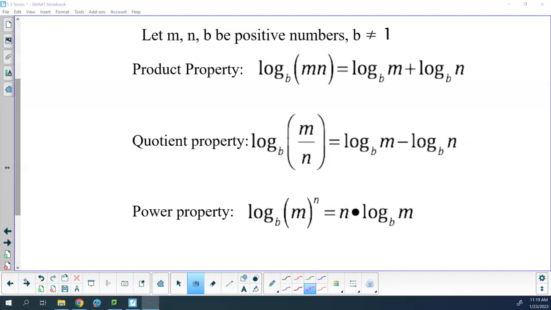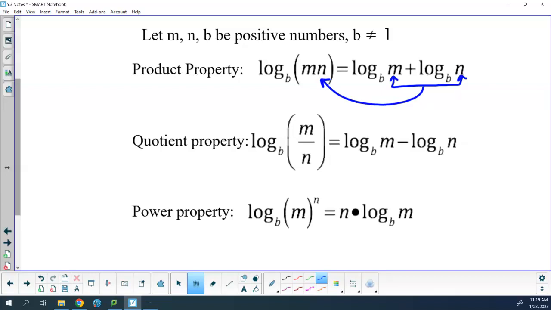The product property says that if you're adding two logs with the same base, that's key, they have to have the same base, what you can do is just multiply those arguments together to combine the two logs. So there's the two arguments, and they multiply together, and then it condenses it down into one log.